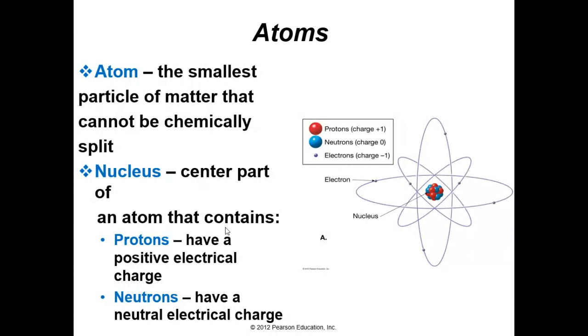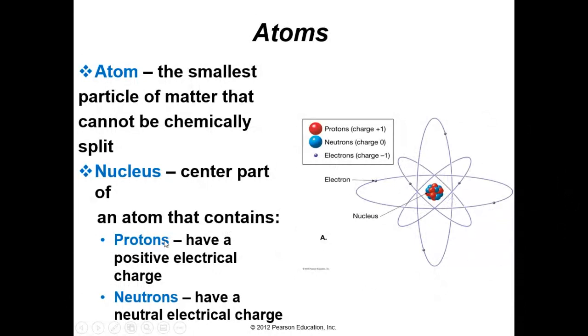Since it can't be split, that's the smallest you can break it down. Here's a picture of an atom. It gets broken down into what's called a nucleus, a central area where you have protons and neutrons located.